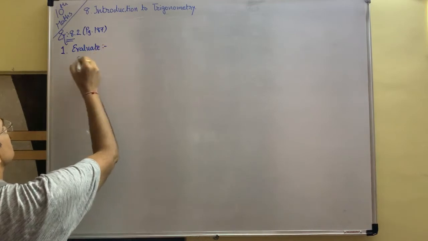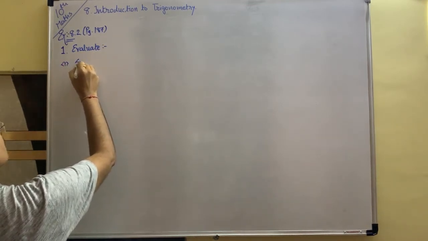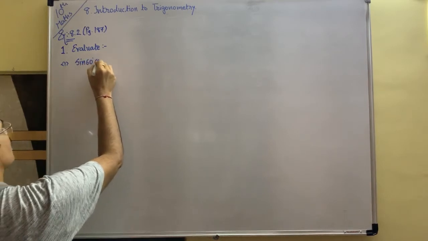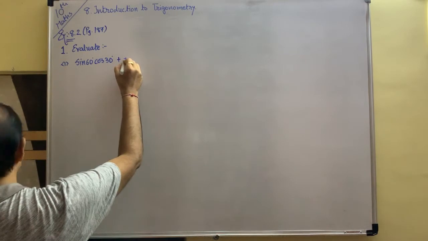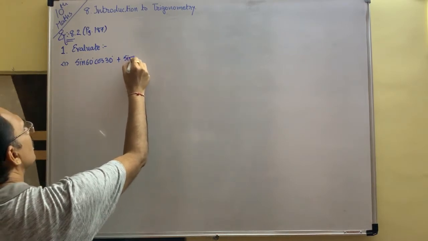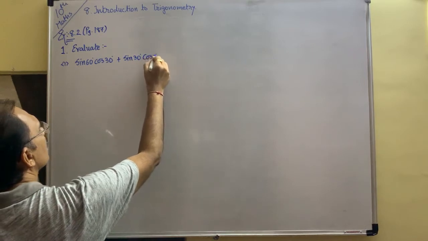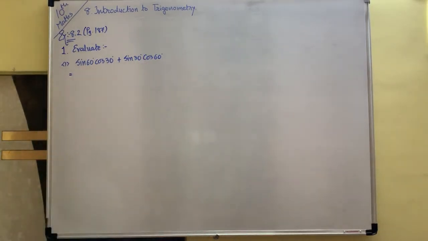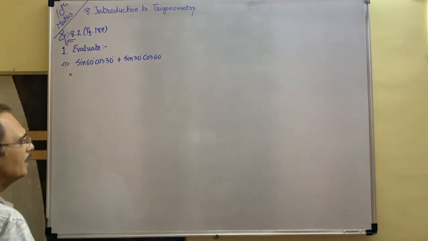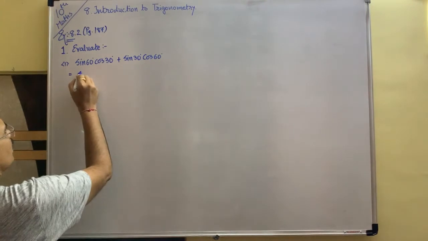Evaluate. Number 1. Sin 60 cos 30 plus sin 30 cos 60. Okay, now see sin 60 from the table. See the value. Sin 60 is what?